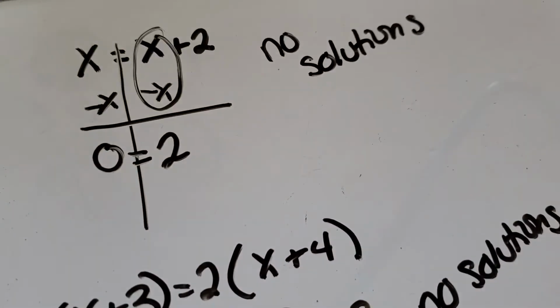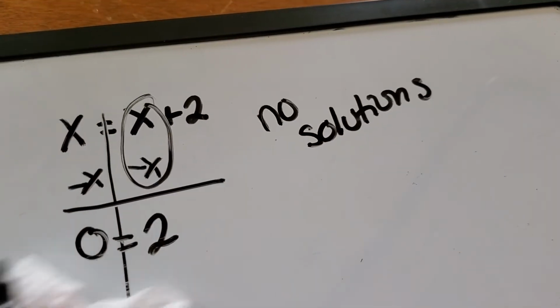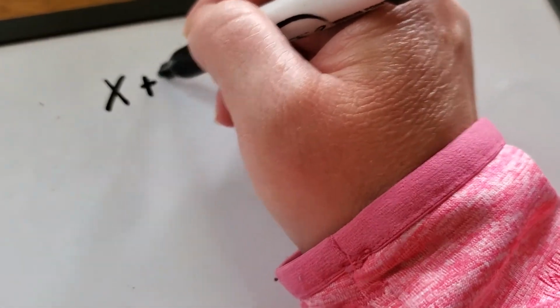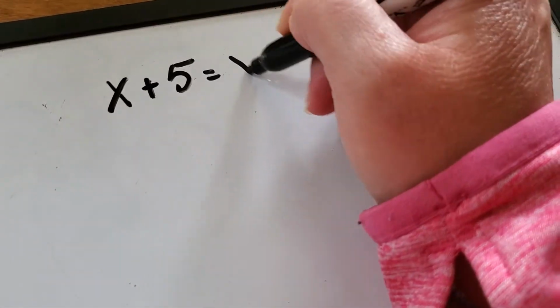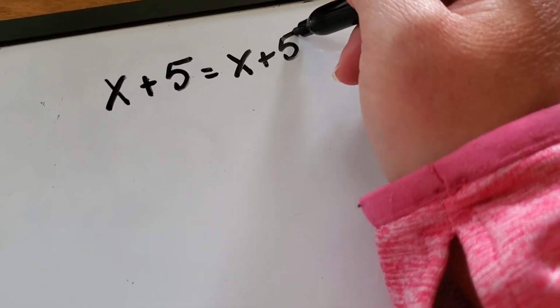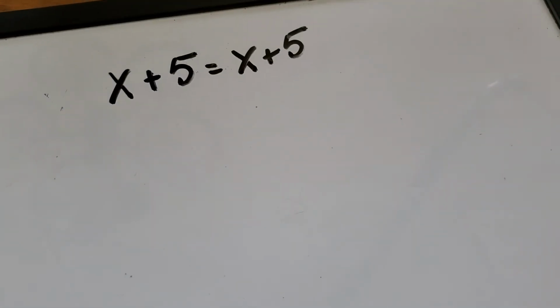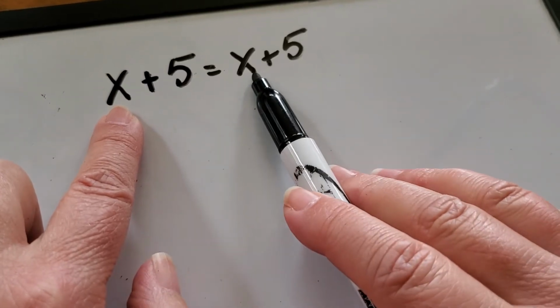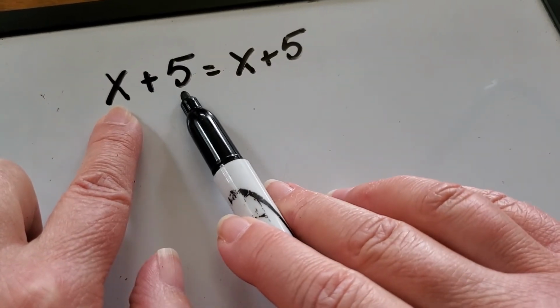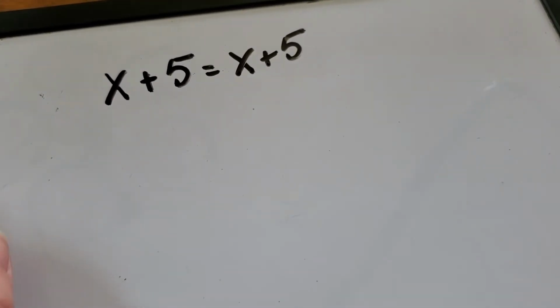Now let's consider a different type of example. What if I said to you, x plus 5 has to come out to equal x plus 5? Well, what value could you fill in for x that when you add 5 to it, you get the same answer as that value plus 5?